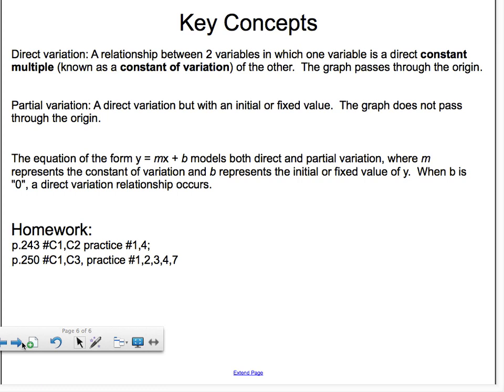That's a relationship between two variables in which one variable is a direct constant multiple, known as a constant of variation, of the other.